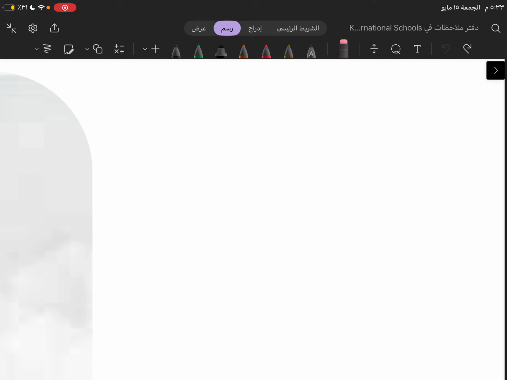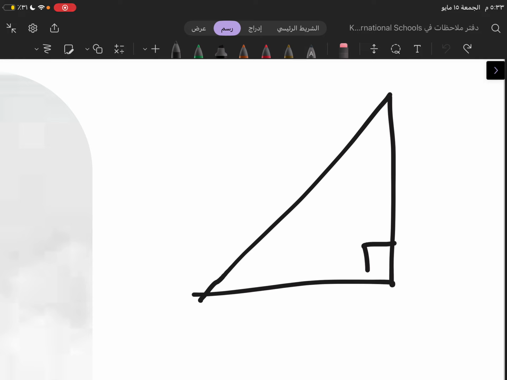Now, the first idea: he will give me a right angle triangle and 2 sides, and ask me about the third one.